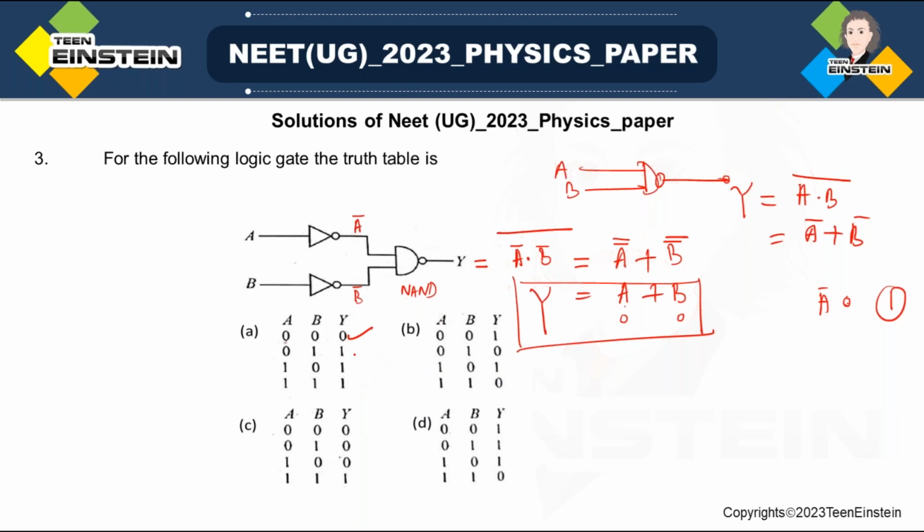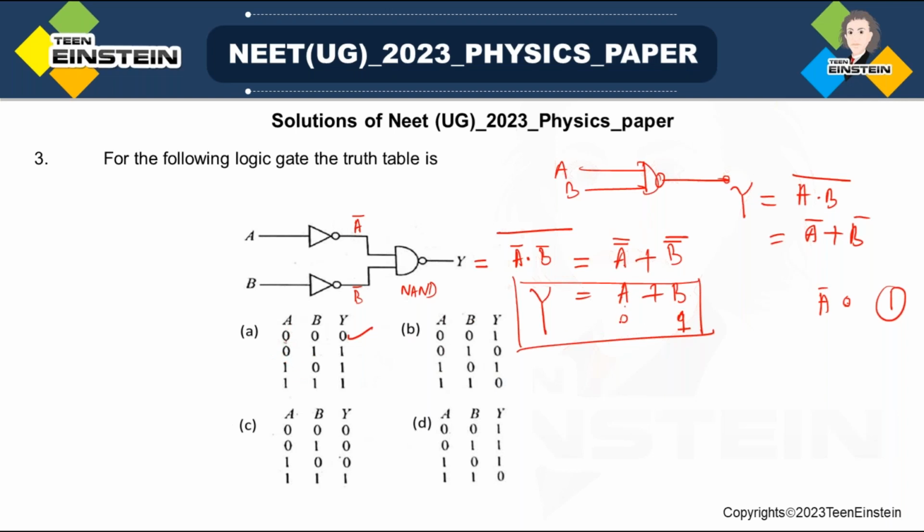So this is fine. Now since it is OR, if any one of these inputs is in on state, then the gate will give the result on itself. See here, input A is 0, but this is 1.